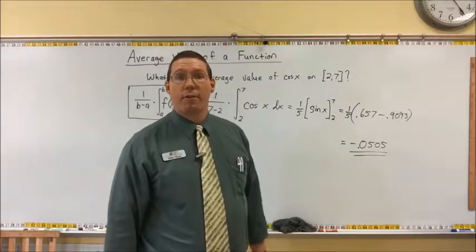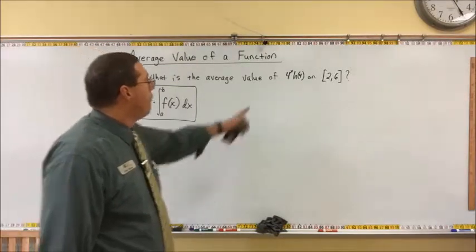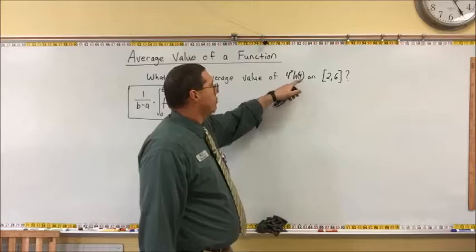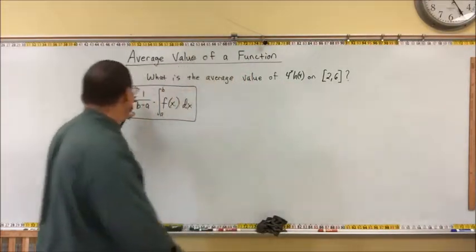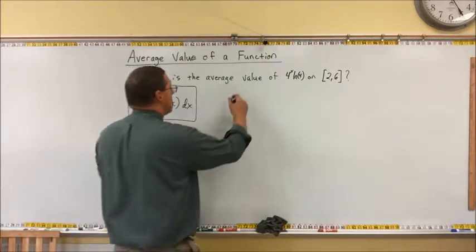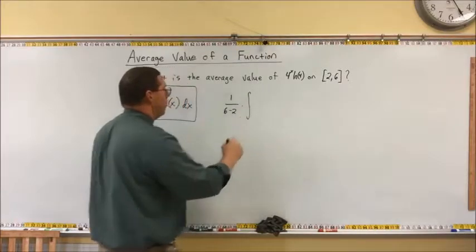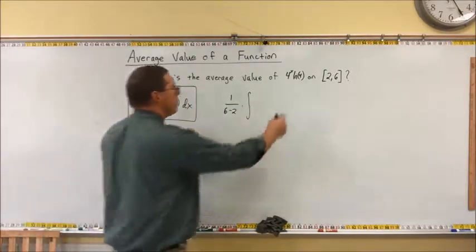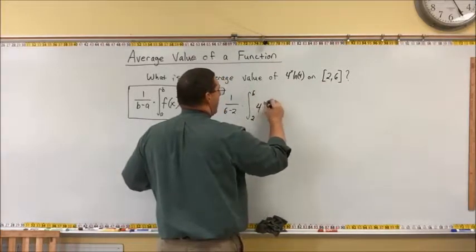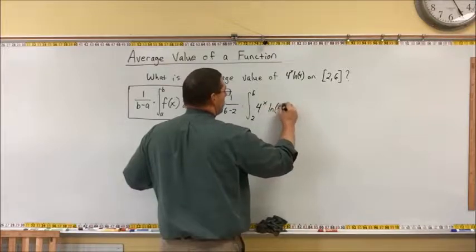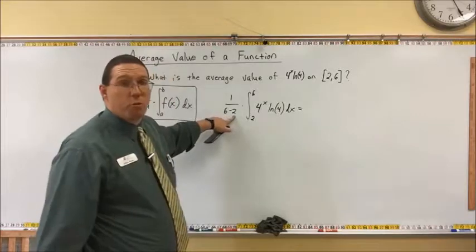Okay? Let's try another example. All right, this one says, what is the average value of 4 to the x power times the natural log of 4 on the interval from 2 to 6? All right, well, our formula says 1 over b minus a. So it's going to be 1 over 6 minus 2 times the definite integral from the a up to b, so from 2 up to 6, of the function 4 to the x power times the natural log of 4 dx. 1 over 6 minus 2, that's 1/4.